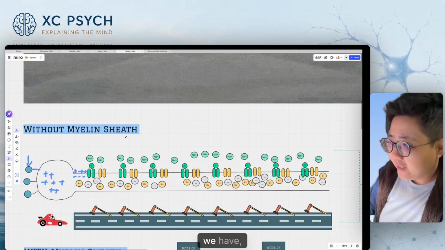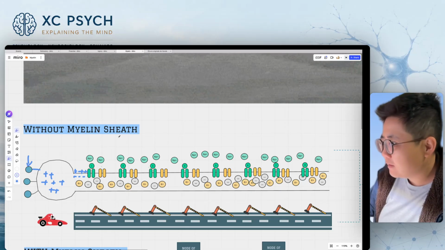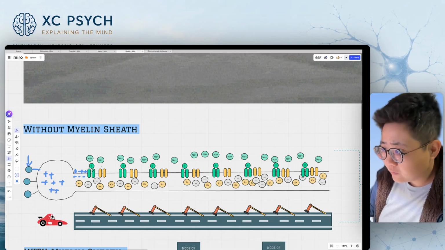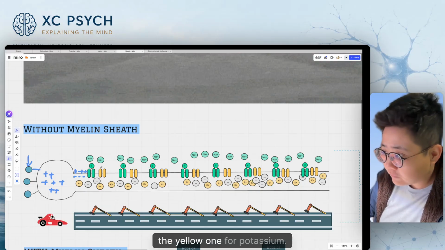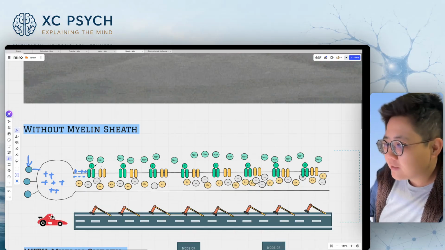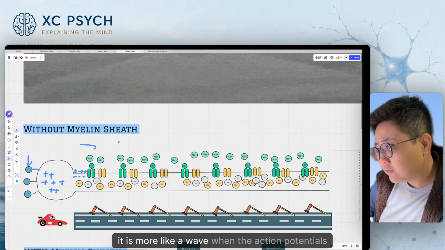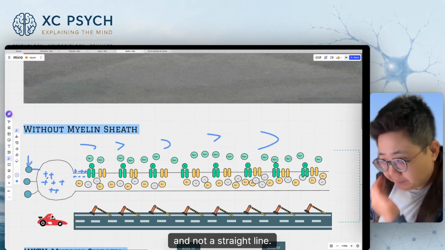Now, we have these gates, right? We call them the voltage gates. We have the green one for sodium, the yellow one for potassium, and as we discussed, it is more like a wave when the action potentials travel and not a straight line.